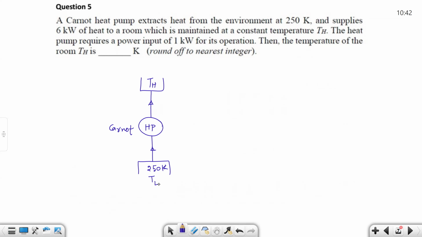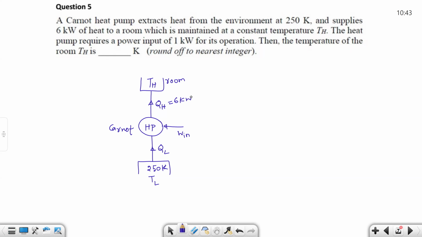From there it takes the heat and supplies it to a high temperature by taking a work input. QH, 6 kilowatt heat, is supplied to the room. So a heat pump supplies heat to the room and maintains the room at a higher temperature than the atmosphere. So QH will be 6 kilowatt.